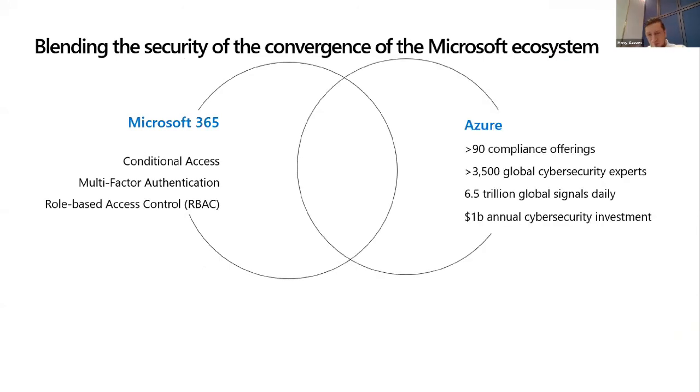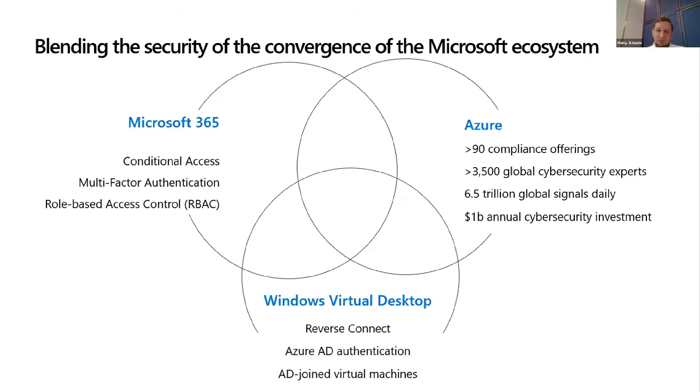You can leverage AD-joined virtual machines as well, so not just the users, but the machines themselves. And this is very well linked to the Microsoft 365 security features like conditional access, multi-factor authentication, and RBAC, role-based access control. Jonathan, if you may, one more.